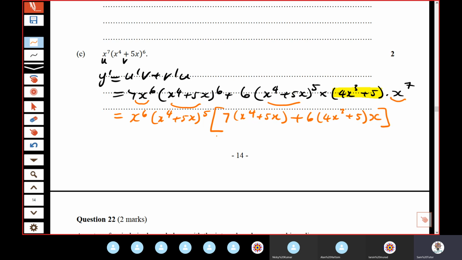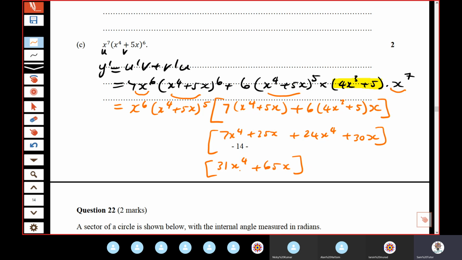So that takes a little bit of time, and I hope you guys have spent enough time by now to be able to get that out. This becomes 24x to the power 4 plus 30x. And just to finish it off, 7 plus 24 is 31, plus 65x, and we're actually not done.